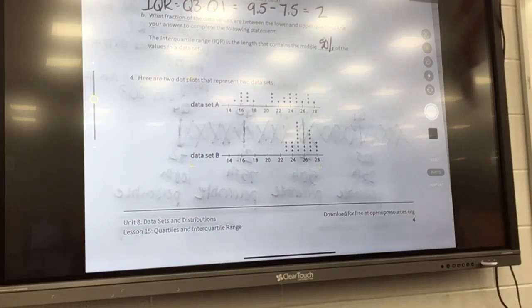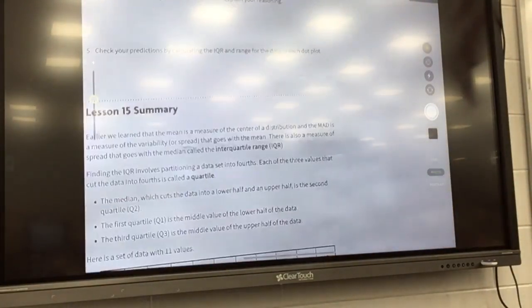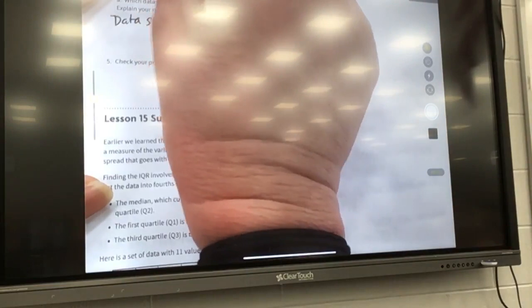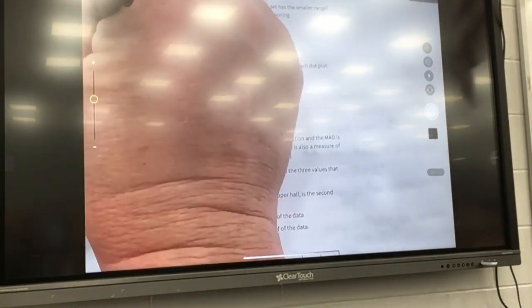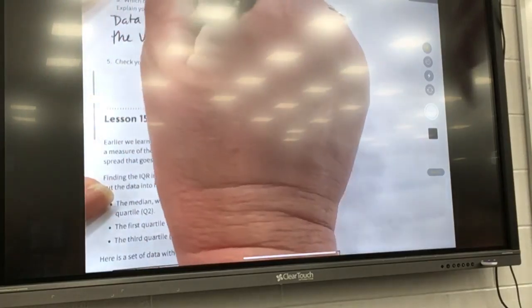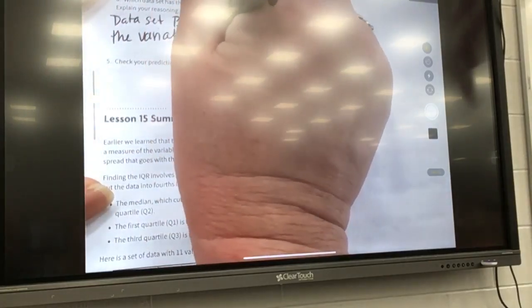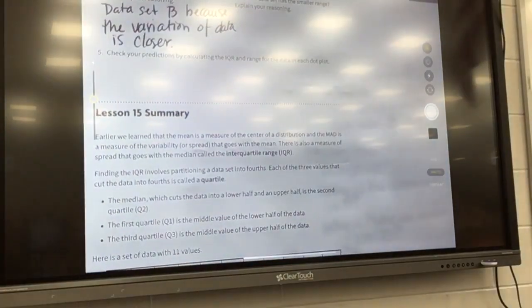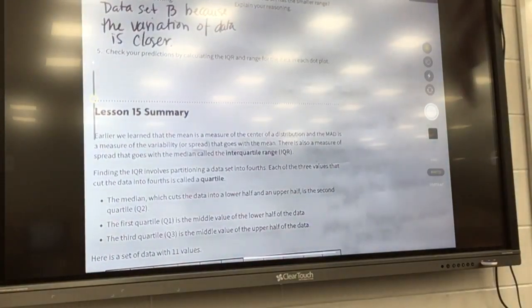So go ahead and have a seat. Look, for data set B, because the variation of data is closer. And you know that because it's more squished together, it's more together in one area of the graph.